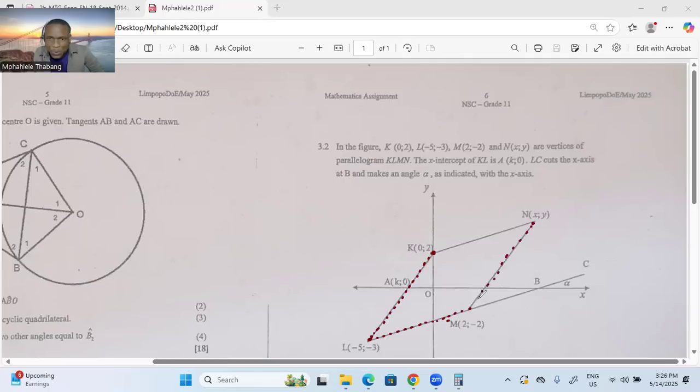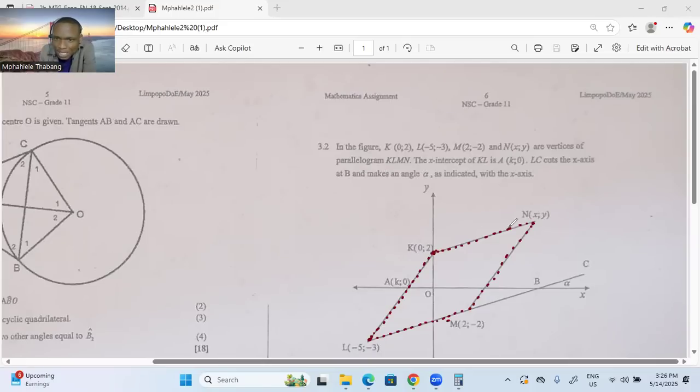Now for us to work with a parallelogram, we must know the properties of a parallelogram. Very important, grade 11s, this is what you must know. Opposite sides of a parallelogram are parallel and equal.